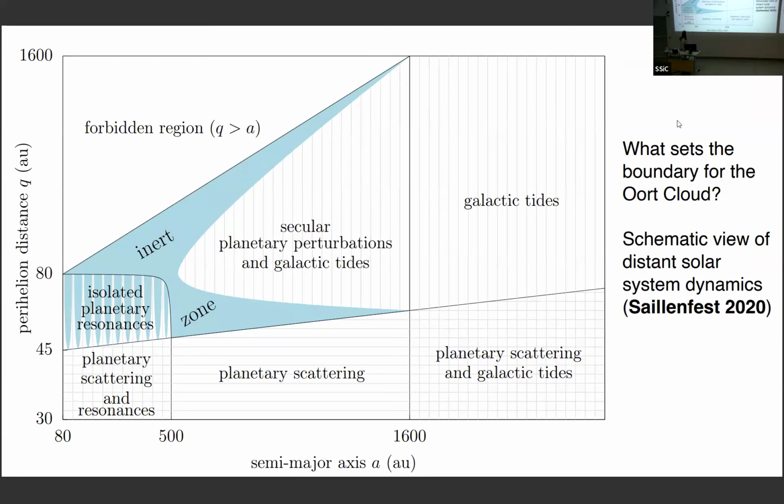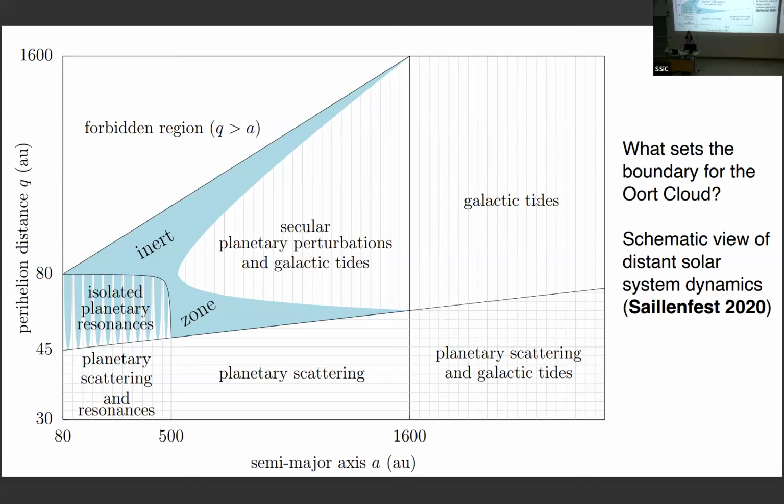And this is a very nice schematic from Mellon Salenfest, showing, again, perihelion on the y-axis and semi-major axis on the x, we've got a bunch of different dynamical processes going on affecting these populations. So in the outer regions, once you're past today, roughly 1600 AU, if you are not strongly coupled to the planetary region, meaning your perihelion distance is not really planet approaching, the dynamics are dominated by galactic tides.